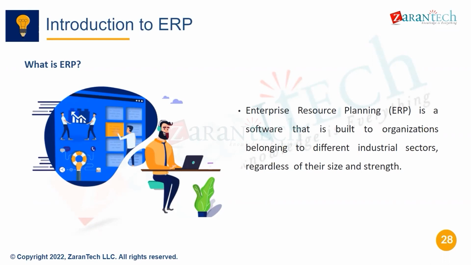SAP Business One is for small organizations, and SAP has another product called SAP Business ByDesign, which is very much suitable for medium-sized organizations, and SAP ERP, which we are going to learn, which is also called ECC, ERP Central Component. That is very much suitable for large size companies.